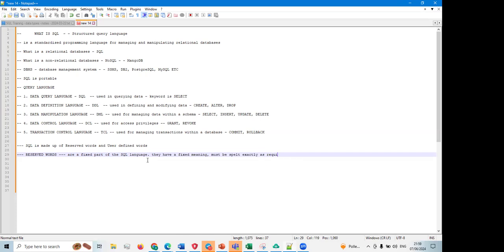A mistake in the spelling of the keyword would create an error. So when you have errors showing in your query, one of the things you have to do is to check whether you've spelled your keyword correctly. That should be one of the first things you need to do. Must be spelled exactly as required and cannot be split across lines.